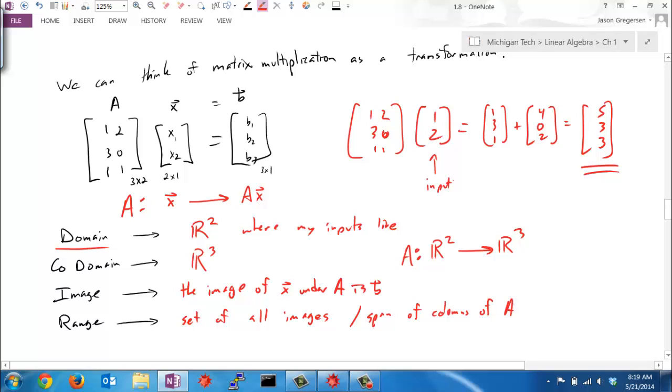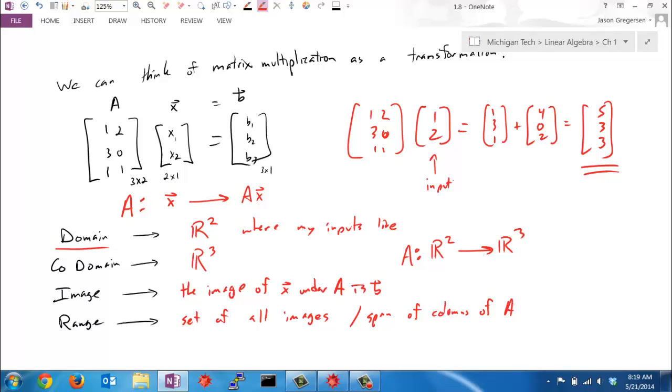So I said all my outputs, the codomain there, is R3. Is that also the range? What's the difference between the codomain and the range? They seem to be the same, right?